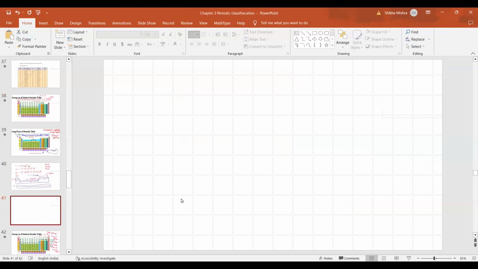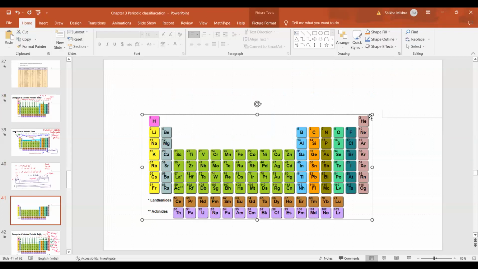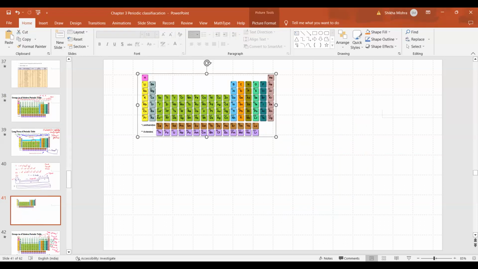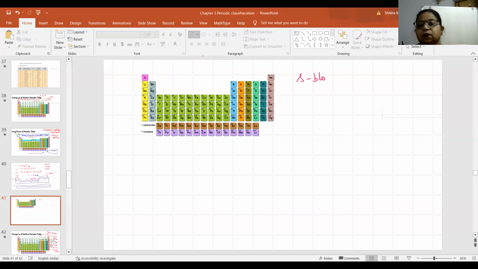Yes, ma'am. Okay. So what we can say, S block general configuration will be either ns1 or ns2, or collectively we can say ns1 to 2.